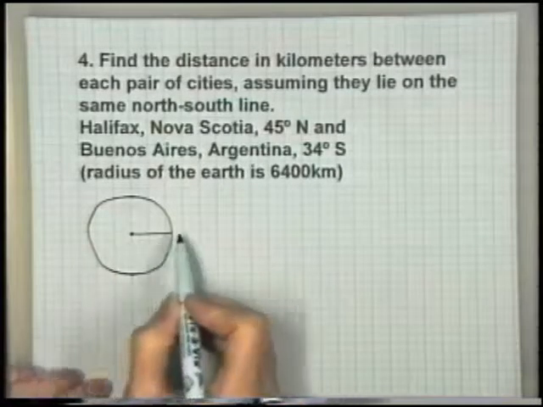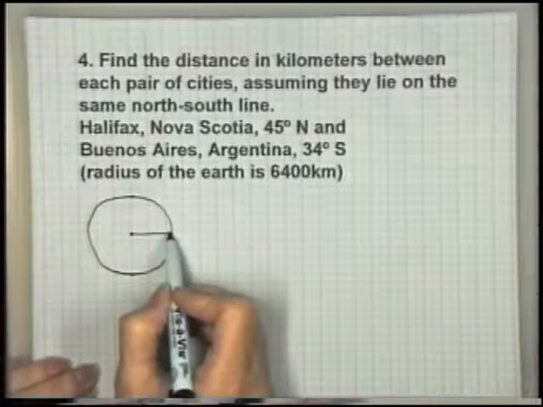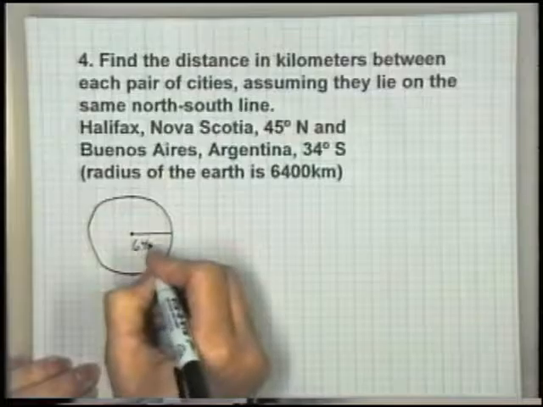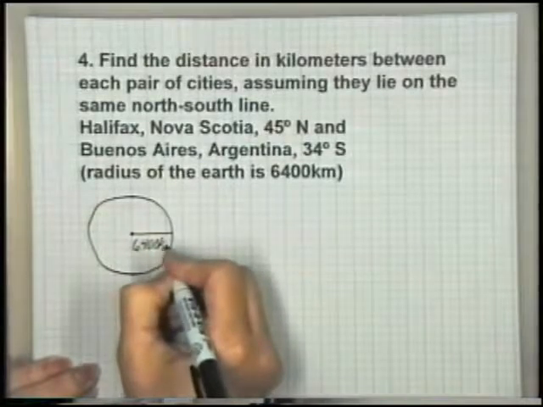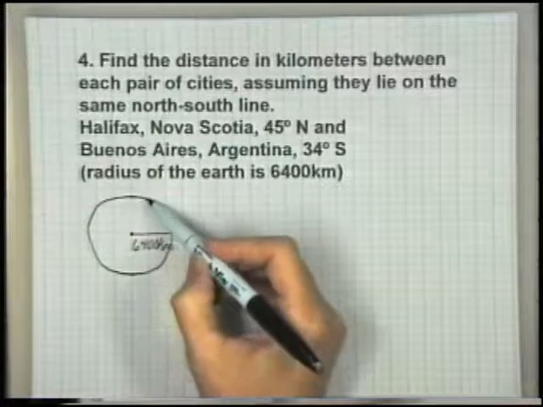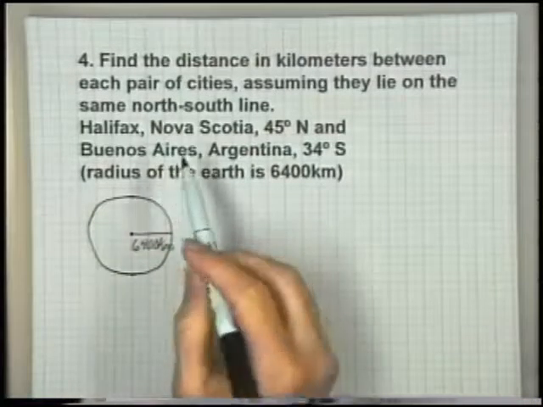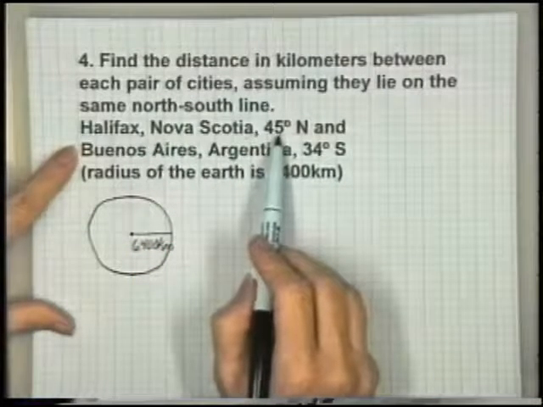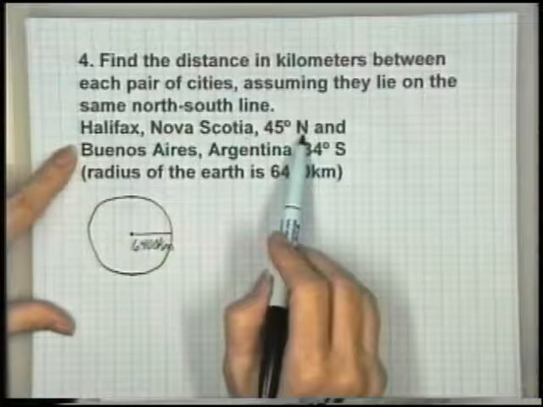And of course it would be all the way around. But I'm also going to label the radius of the Earth. They tell us that that's 6,400 kilometers.